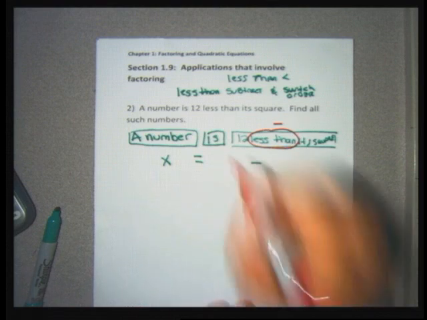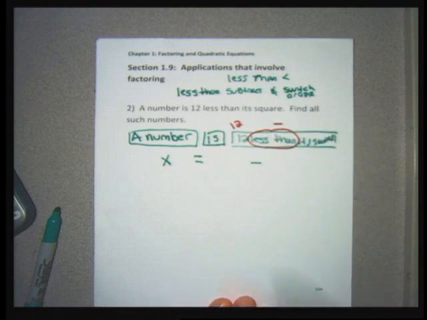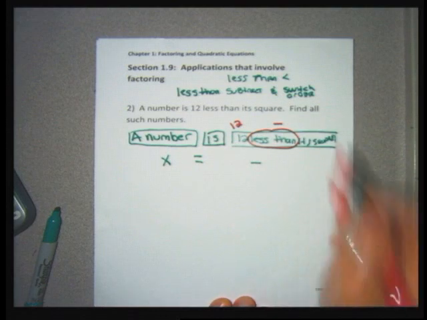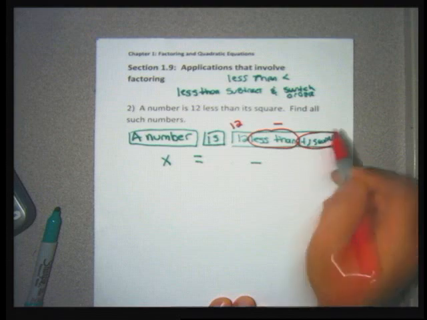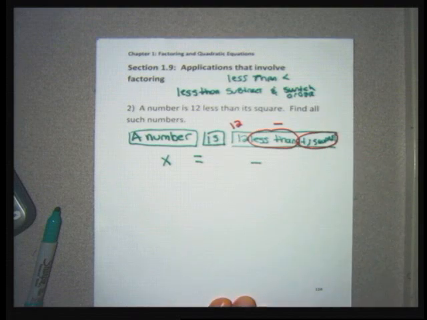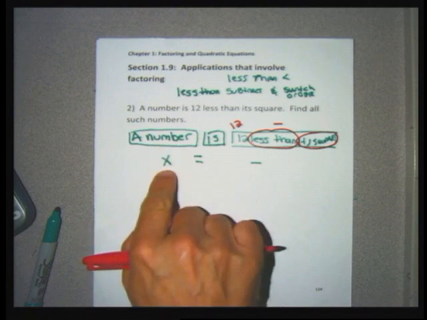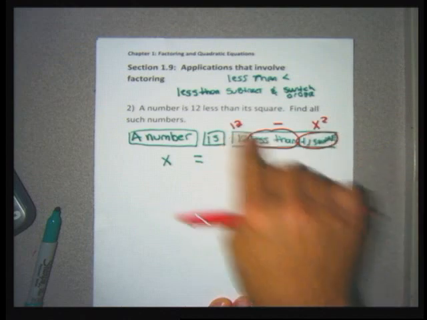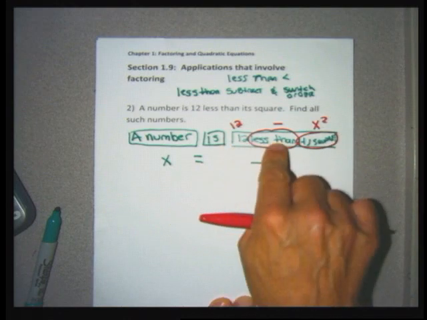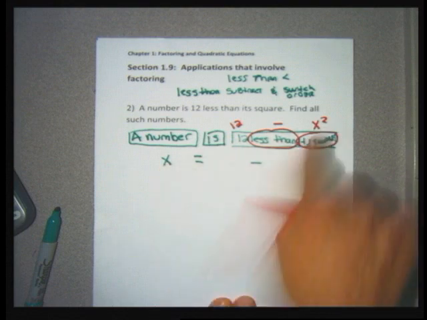So one of the things that needs to go on the side with the subtraction is the number 12, because it's given to me as the number 12. And the next thing that needs to go on the side with the subtraction sign is "its square," and that means the square of the number, and for me that means the square of X. So 12 is going to be the number 12, "less than" is going to turn to a minus sign, "its square" is going to be the square of the number, which is X squared.